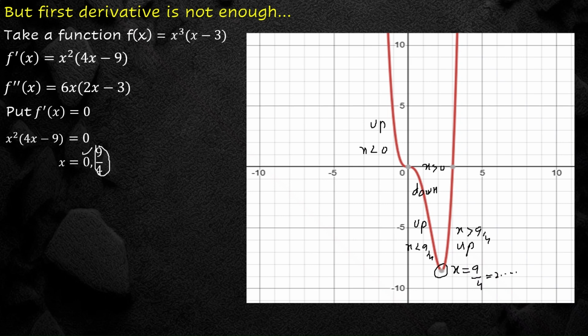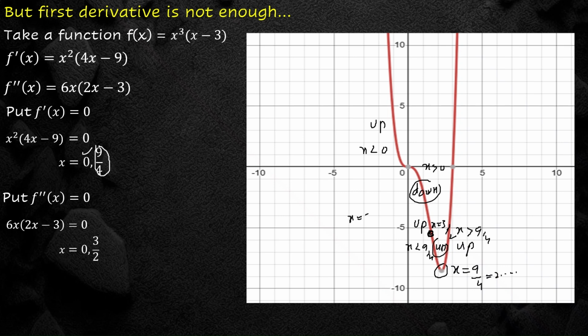Now we use the second derivative, and by putting the second derivative equal to 0, we get 0 and 3 by 2. Here, this is the point where x is equal to 3 by 2, and we note that before this point, the curve is concave down, and after, the curve is concave up.